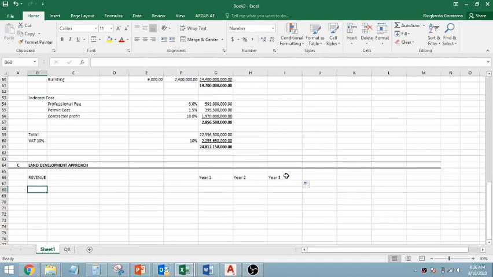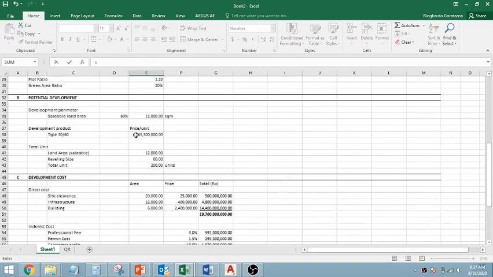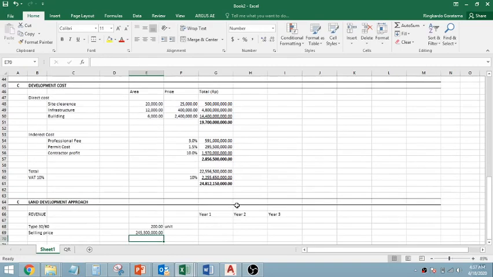And this is the type of unit. We have 200 units, right? And the selling price is, let's see, 245 per unit.